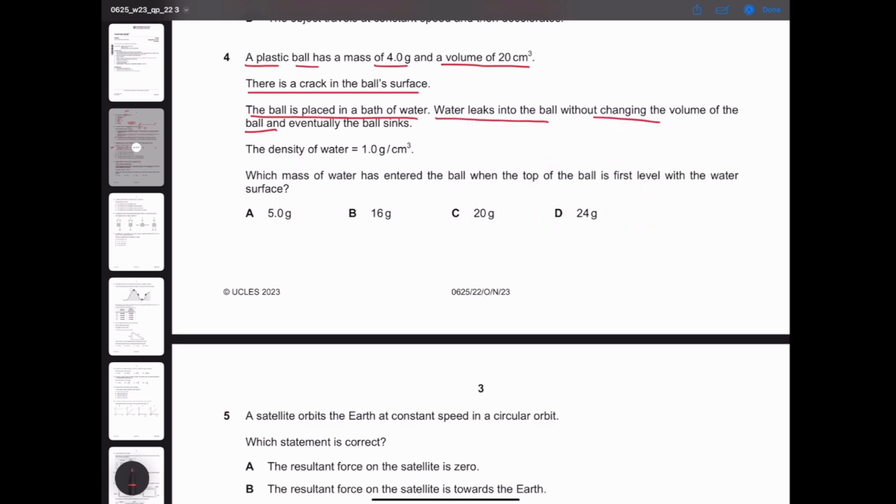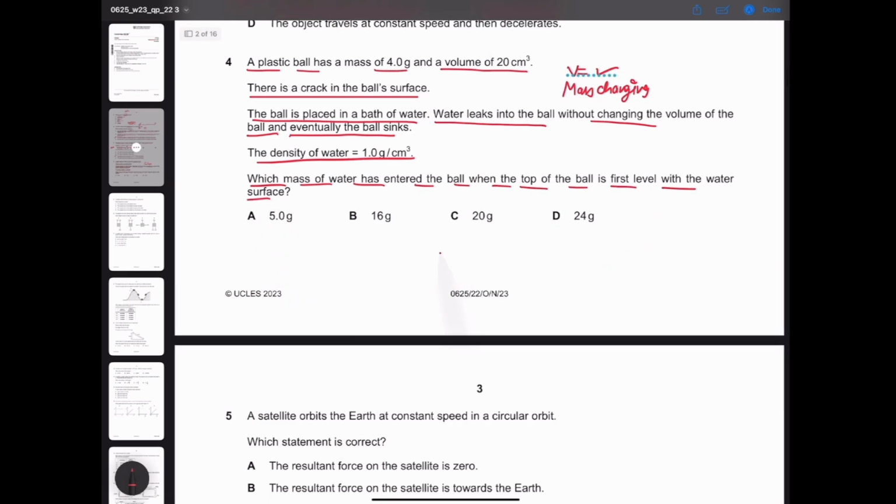So the volume is the same, but water is leaking into the ball, meaning the mass is changing, and eventually the ball sinks. Density of water is given. Which mass of water has entered the ball when the top of the ball is first level with the water surface?